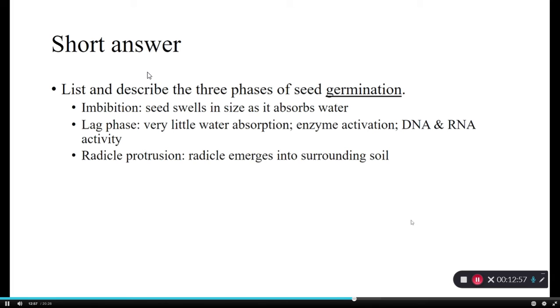It just doesn't increase in weight or length. And then finally, radical protrusion. So here the length begins to increase as the primary root, the radical, emerges into the surrounding soil. And this describes the phases of seed germination.